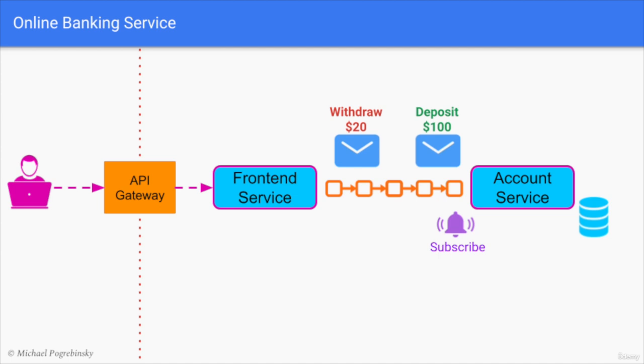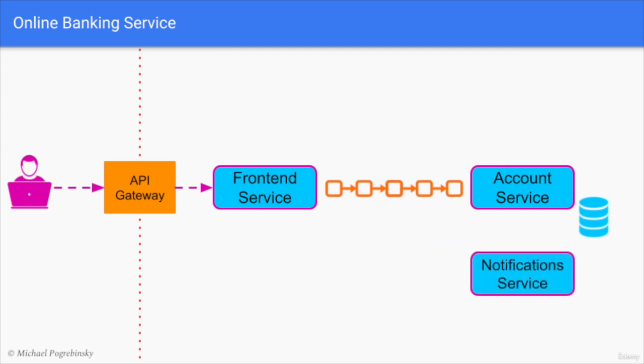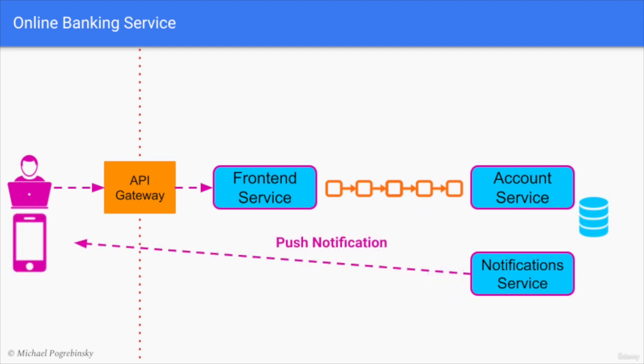Now, because we decouple those services using a message broker, we can easily add a mobile notification service which subscribes to the same channel. And every time a user makes changes to their account, this service can send push notifications to the user's mobile device about the activity in their account.